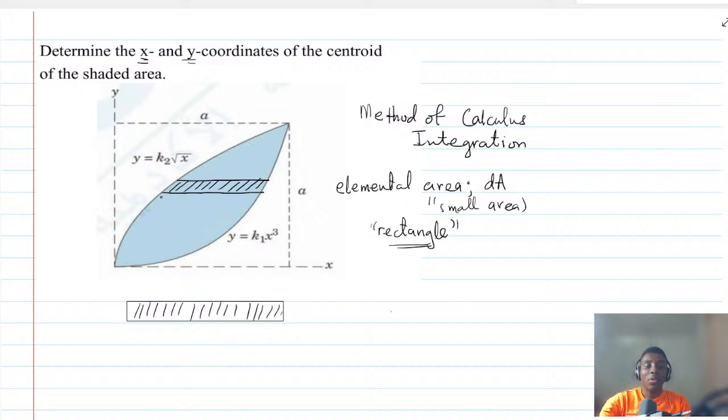Now let's say that this function is y equals k2 square root of x, and then we have y equals k1 x cubed.